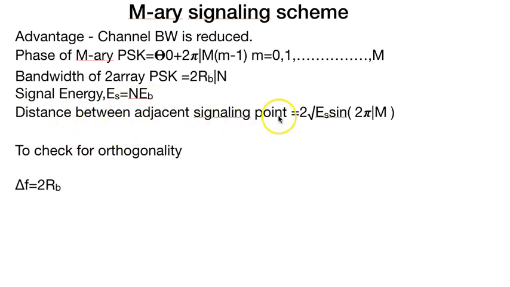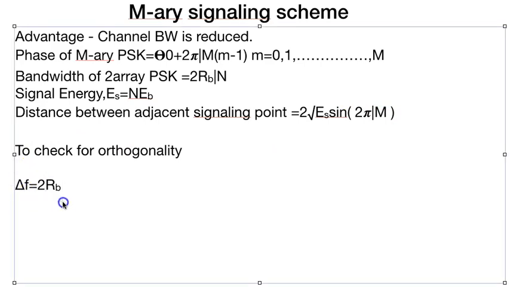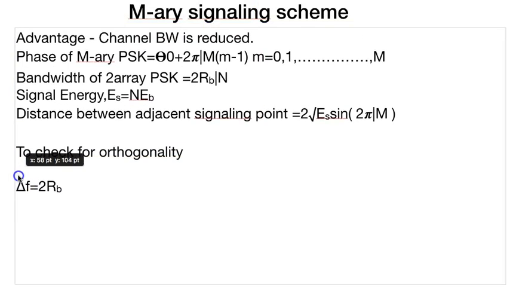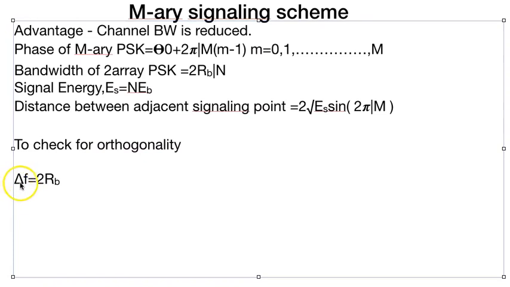The distance between the adjacent signaling points is 2 under root Es sine π by M. To check for orthogonality that I was talking to you about, you have to use delta f, which is equal to 2Rb, or in scenarios where you don't have a bit equals to 2, you can use N Rb by 2, where N is the number of bits.